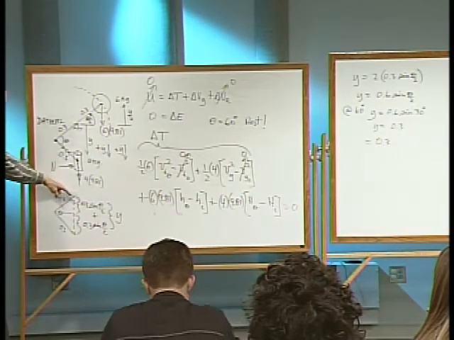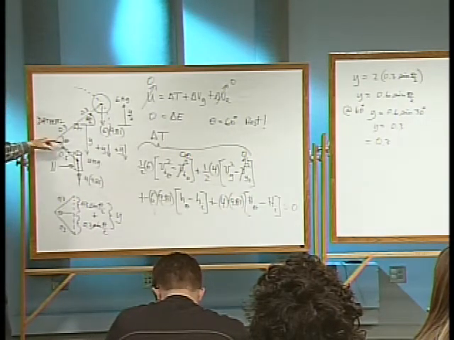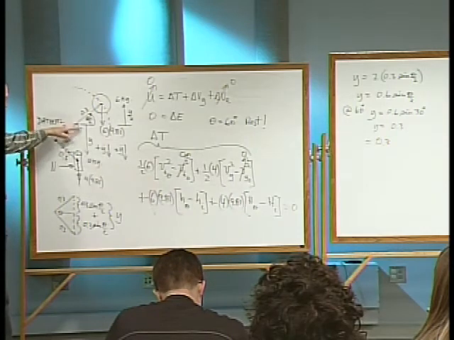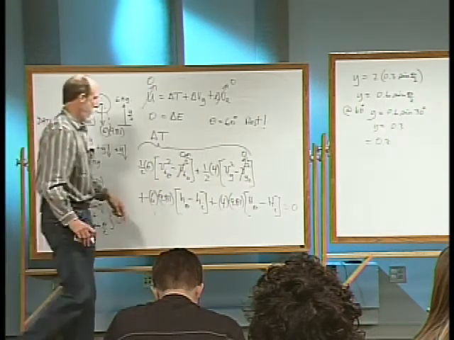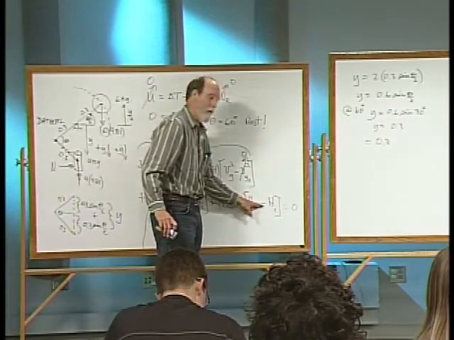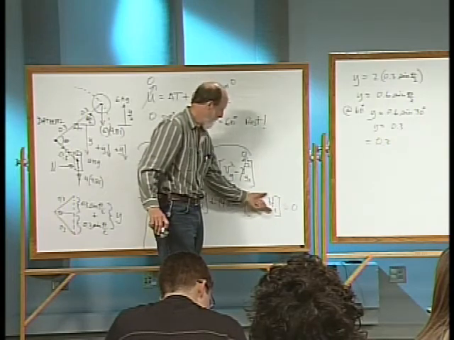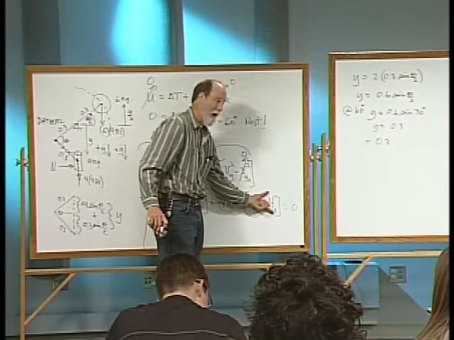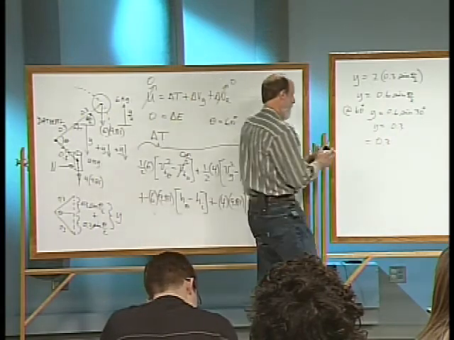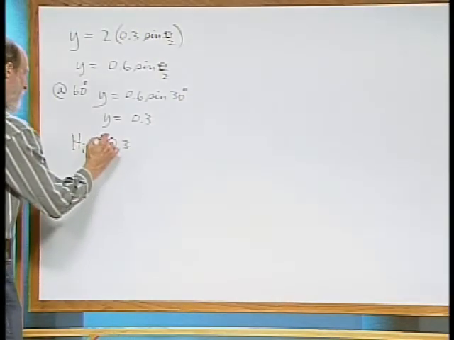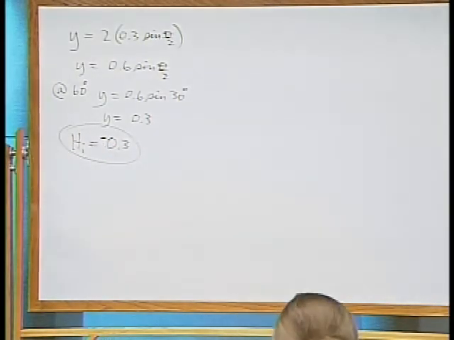The Earth's gravitational attraction is down below us, so it's below the datum, so that capital H initial is actually a negative value initially. So what I'm trying to get at is that capital H initial has to be assigned a negative value. So the capital H initial has to be a negative 0.3 because it's below the datum.